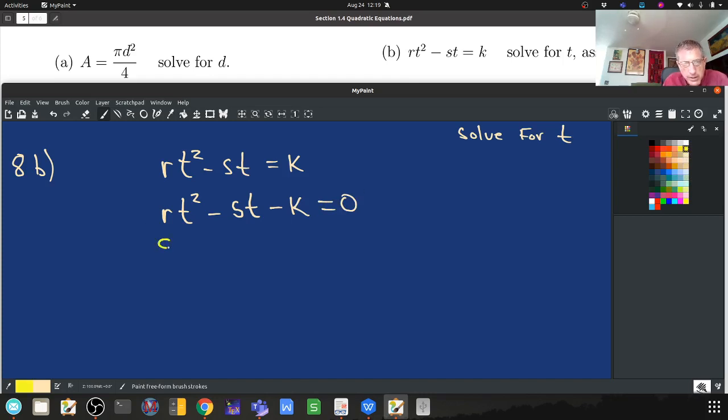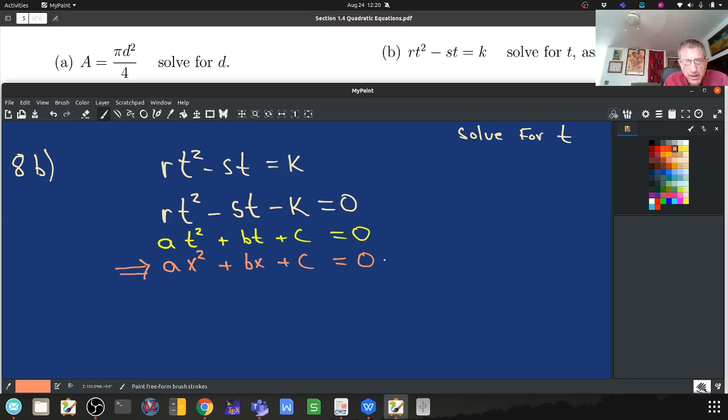So r t squared minus s t minus k equals 0. That's one step away from the general a x squared plus b x plus c is equal to 0, so you're familiar with that.